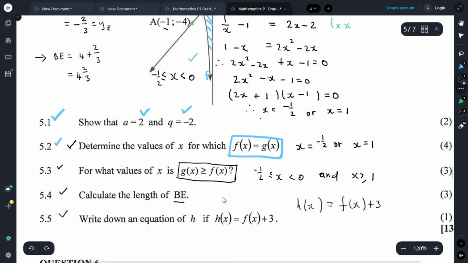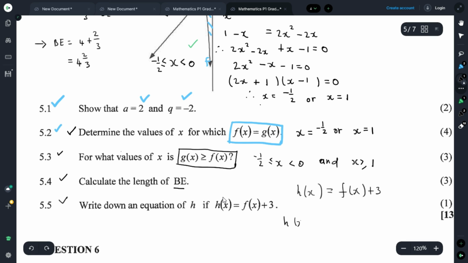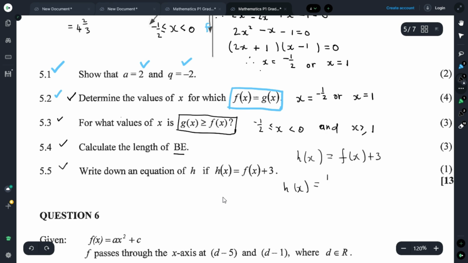H of x is equal to f of x plus 3, and then substituting f of x, h of x is equal to 1 over x minus 1 plus 3. So 1 minus 3 is 2, so it's 1 over x plus 2.